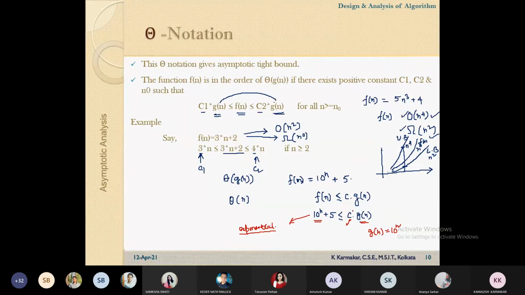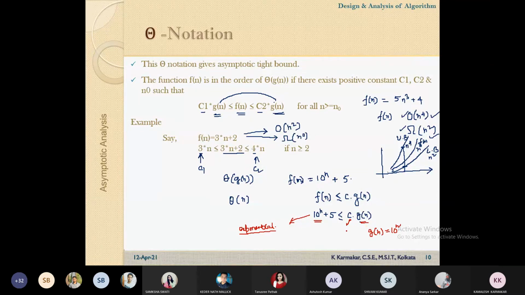If I put 1, then it's not possible to satisfy, because on the left hand side we have 10 to the power n plus 5, and on the right hand side we have only 1 into 10 to the power n. That means 10 to the power n plus 5 cannot be less than or equal to 10 to the power n.